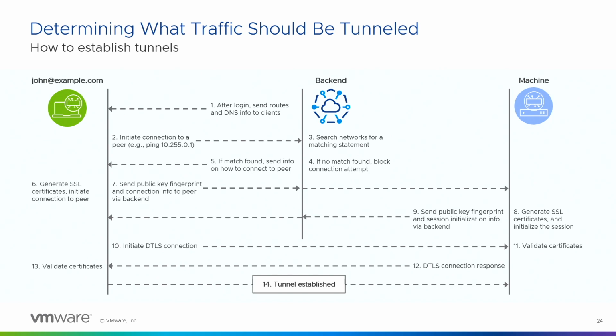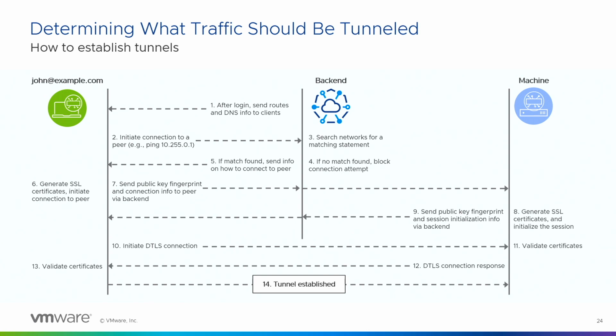So, in step 5, assuming we found a match, then the client's going to be instructed to generate those SSL certificates and initiate communication to the peer that it's trying to communicate to. And part of that is going to be generating a public key and making a fingerprint of that and exchanging it to the peer. And this is for mutual TLS authentication.